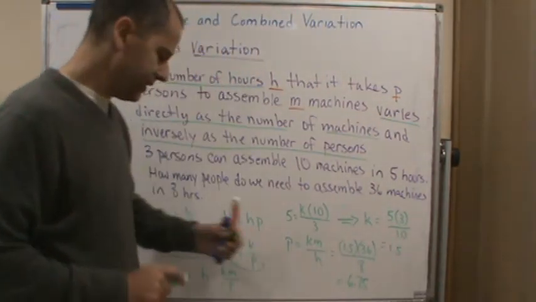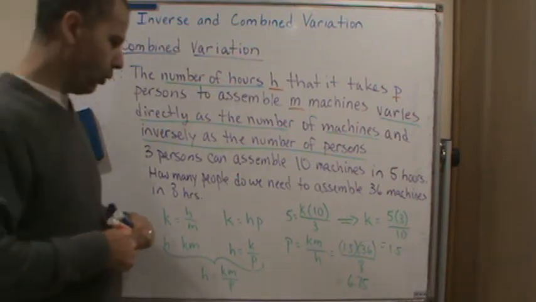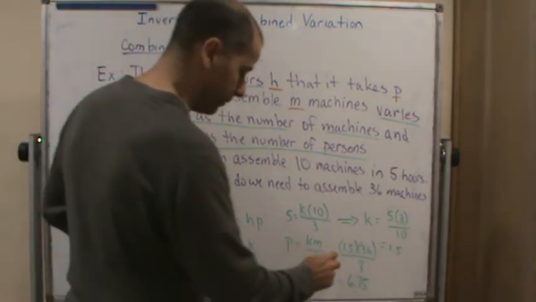So what this is saying is you need 6.75 people to work 8 hours in order to assemble the 36 machines. But here's the thing, you can't have a fraction of a person. So the answer is you're going to need 7 people.